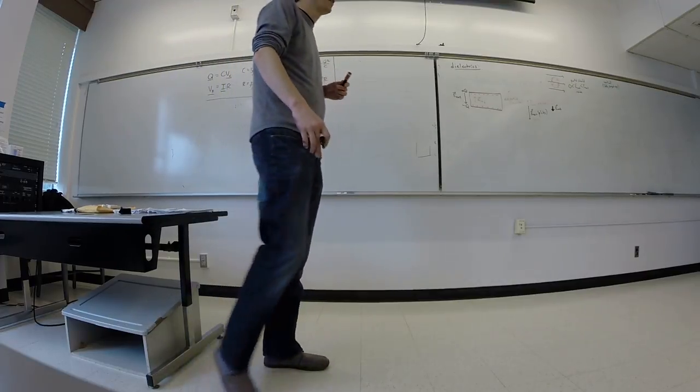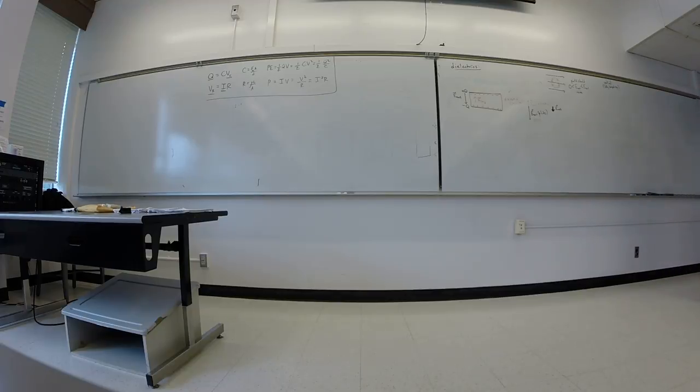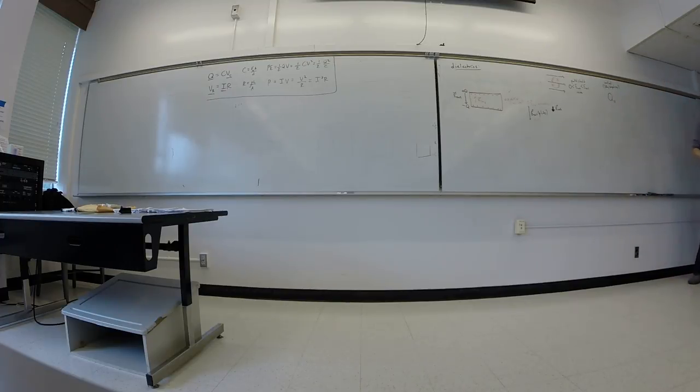But let's say we've charged the capacitor up to full, and then we can talk about what values it has initially. So let's call it Q naught. That's the amount of charge that's on each plate.